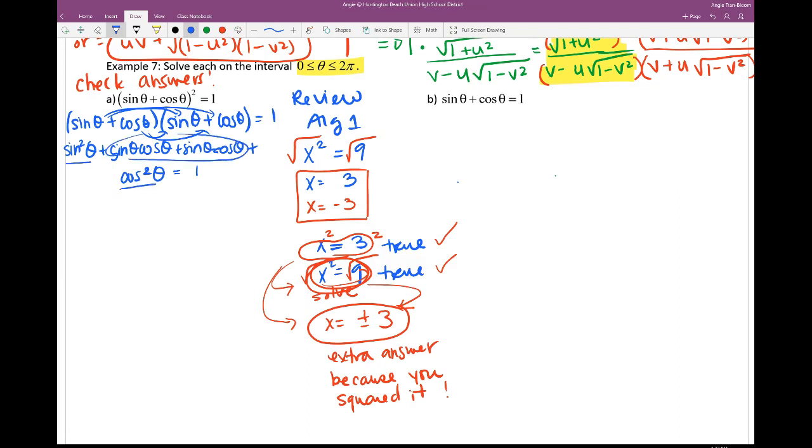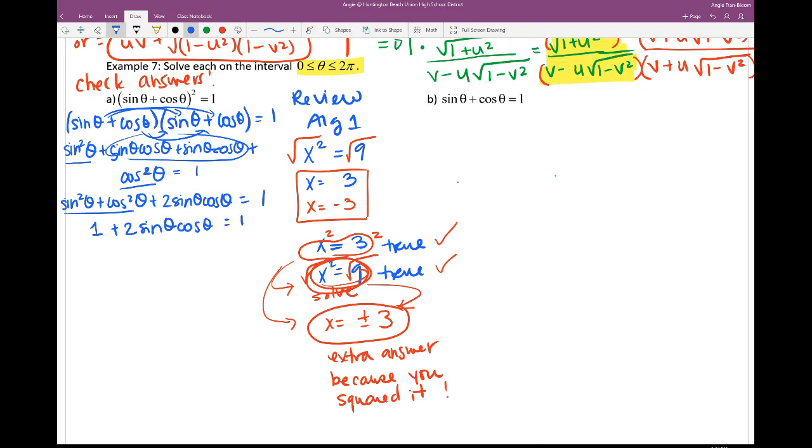I can add these together. So now I have sine squared of theta plus cosine squared of theta, and in the middle, 2 sine cosine, equals 1. Well, this is an identity. I can substitute that.